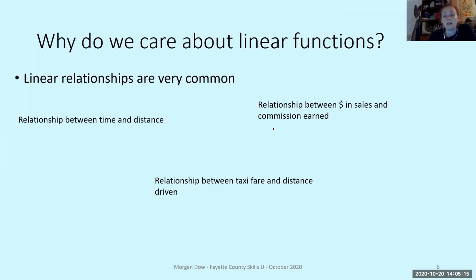The amount of commission that you earn will be some percent of the sales that you make. That is a linear function. And the relationship between taxi fare and distance driven is also basically a linear relationship. The amount that you're charged is based on the distance that the taxi driver or the Uber driver drives you.